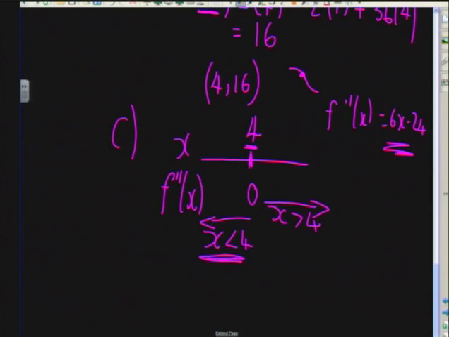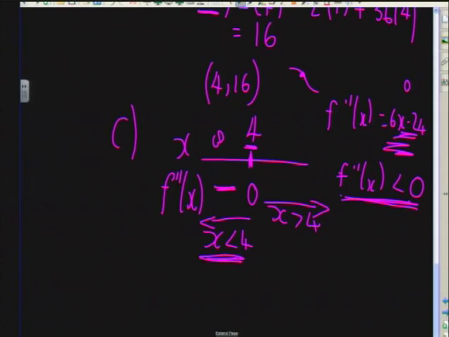If I take any number less than 4 and put it into my second derivative, for example 0, because 0 is less than 4, you're going to get a negative answer. So everything less than 4 is going to give me negative values for the second derivative. If the second derivative is negative, we're looking at a concave down function.